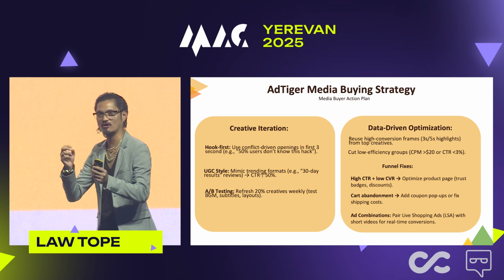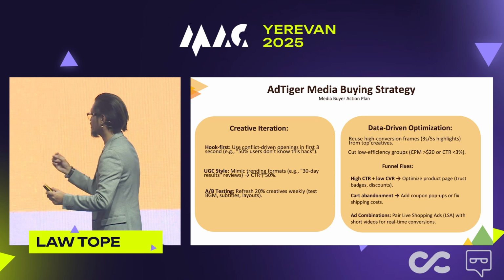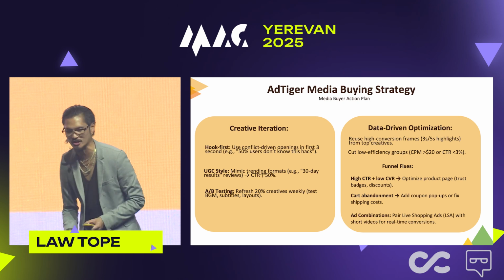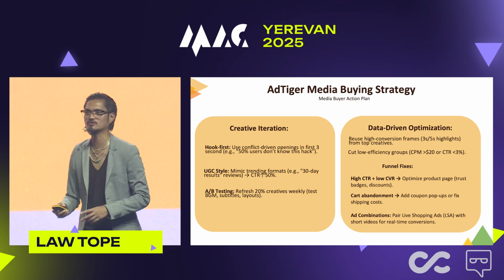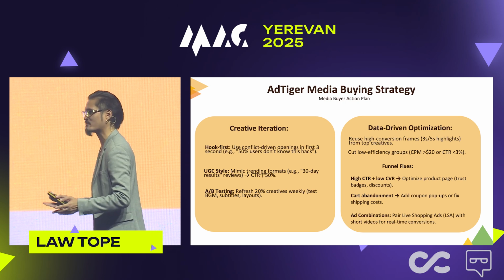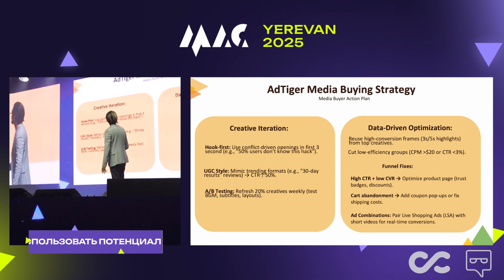Creatives are your heartbeat on TikTok. So every week, 20% of your creatives need to be refreshed. It's so important. People don't realize this because they're lazy. And if you're lazy, you don't make money. So if you're not, you're going to be ahead of the game.